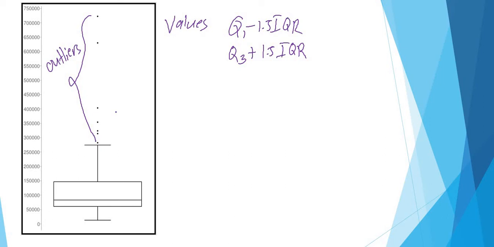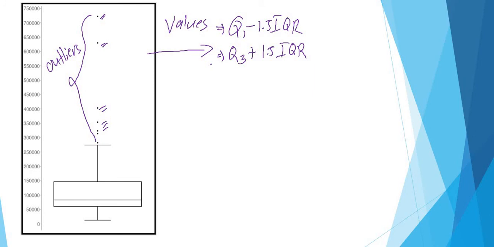Now, how do we know? In box plots, outliers are dots, not a line or a segment. That's where we can be sure that we have outliers. And these values here are the numbers that correspond to our boundaries, so we would know that they are outliers.